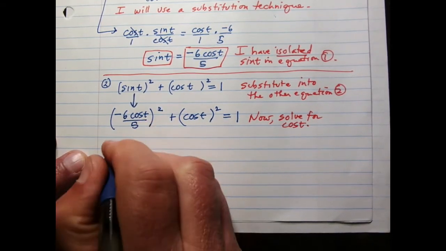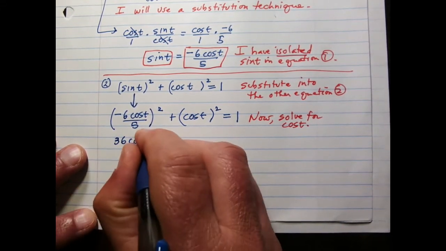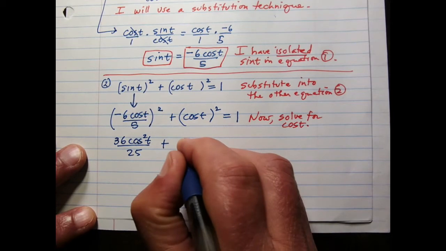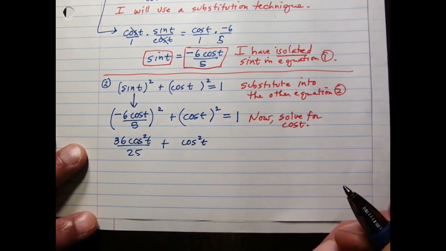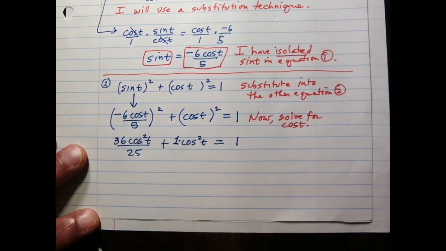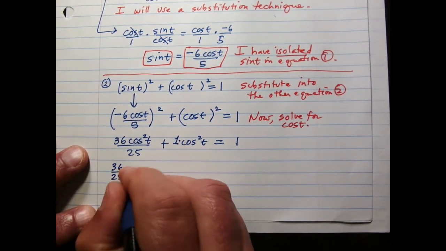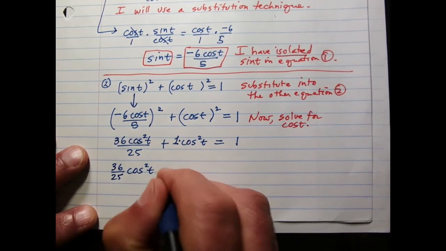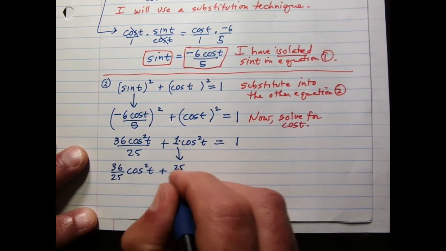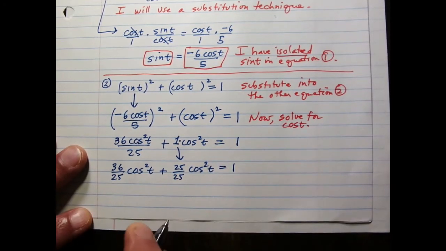So I got some math to do now. I got a square, so I got 36 cosine squared t over 25 plus, now I can use that shorthand notation, cosine squared t. It helps to be aware that that coefficient is understood to be 1 there. So I'm going to think of this as 36/25 cosine squared t plus that 1 I'm going to write as a fraction using a common denominator of 25, so I can write it as 25/25.